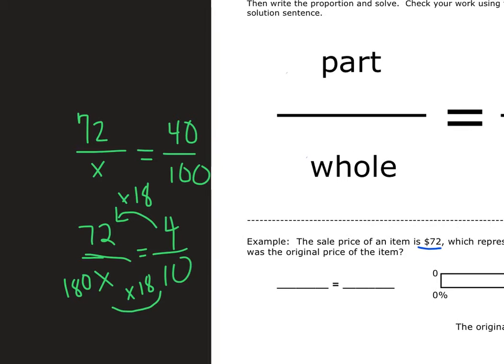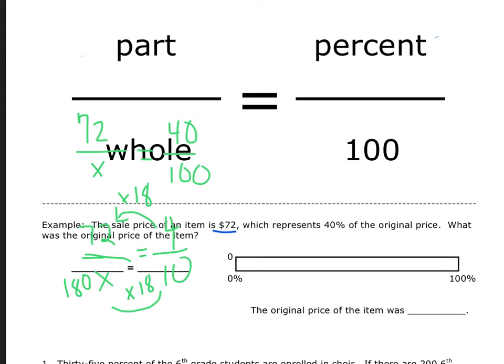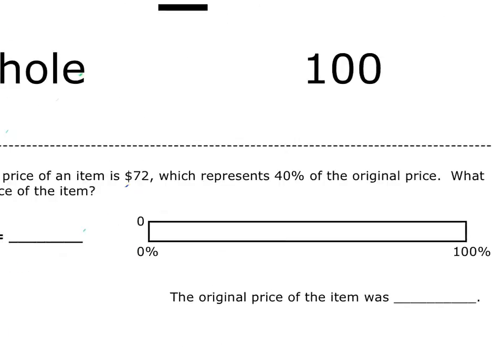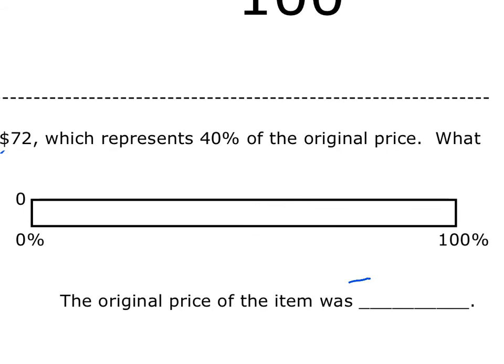But let's try to do it with our bar. So when we have a bar like this, we want to divide this into equal parts for everything. And so because we have 40%, we could divide this into tens. So let's divide this into 10.